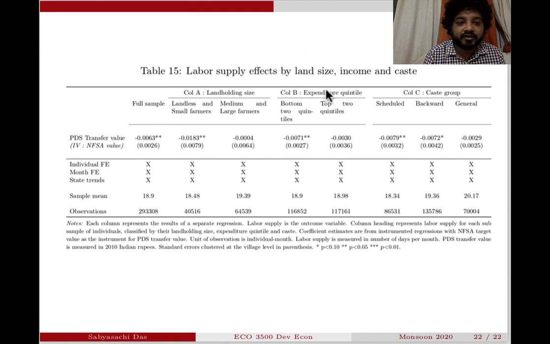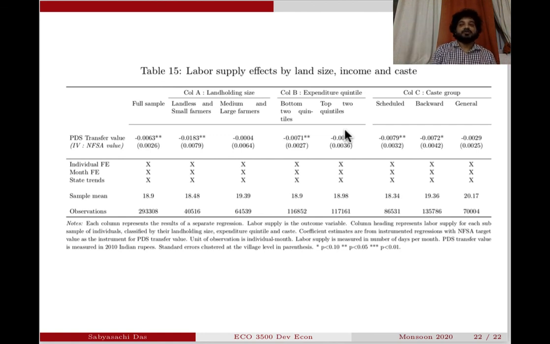It's a similar result when looking at expenditure quintiles. If you look at the bottom two quintiles, the effect is concentrated there. There is no effect in the top two quintiles. So it's not the richer households driving this, it's the poorer households.